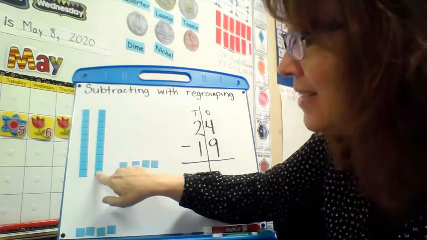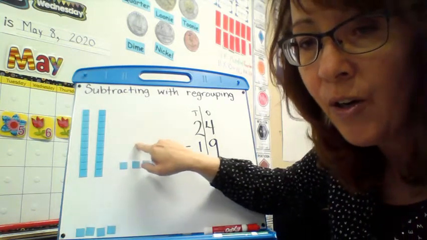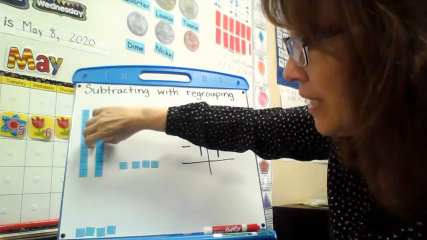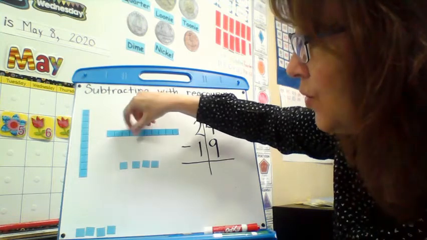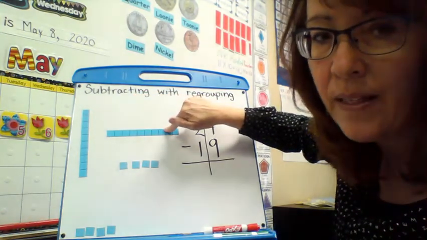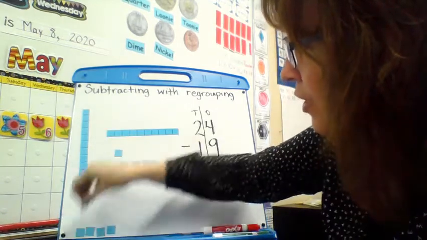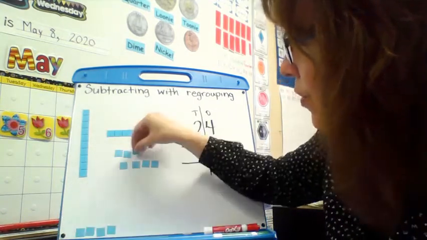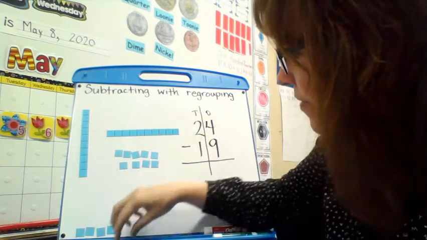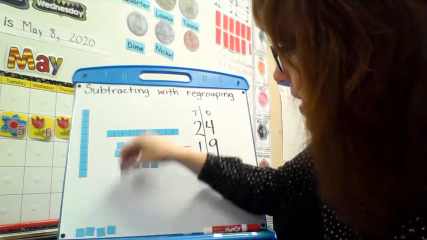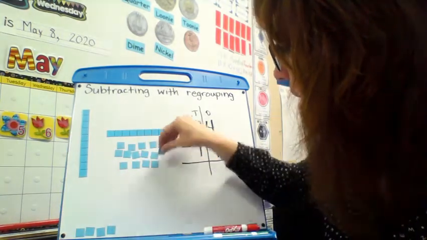So I'm going to ask if I can borrow this group of 10 and regroup it here to the ones place. So I'm going to bring it over, but what I want to do is make it 10 ones again. So what I can do is go 1, 2, 3, 4, 5, 6, 7, 8, 9, 10.